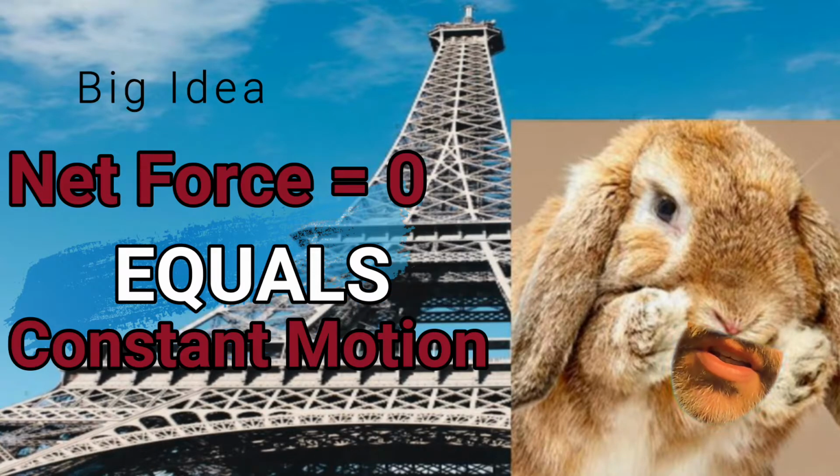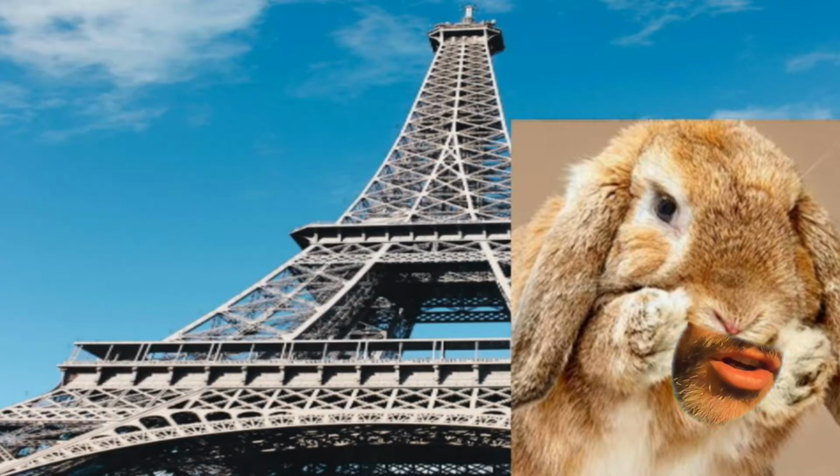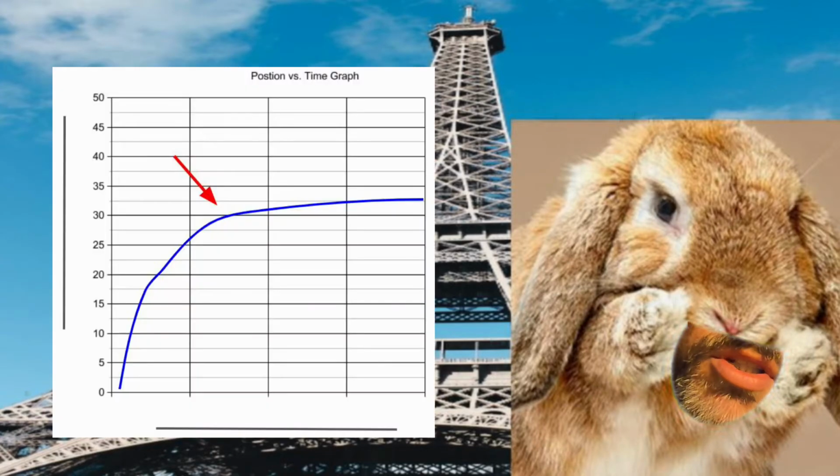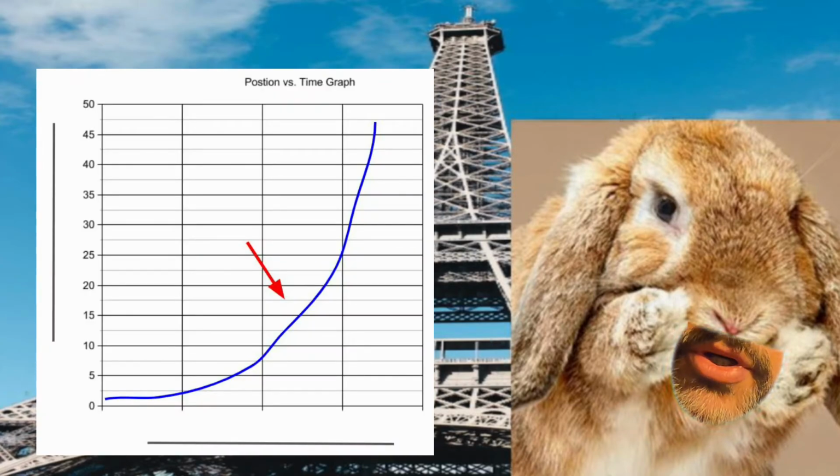On a graph, it's represented as a straight or linear line. At every interval, the distance the object travels is the same. If the speed changes, then the slope is different, and it results in a curved line. You can show slowing down or speeding up.